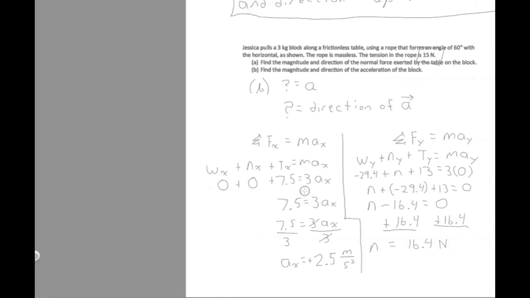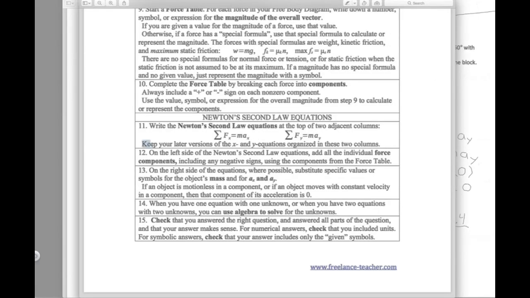That's a way to keep your math organized. That's what I meant by this note in the handout. Set up the Newton's second law equations at the top of two adjacent columns. Then keep your later versions of the x and y equations organized in those two columns. That keeps your math from getting too messy.